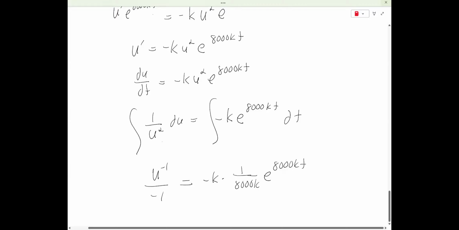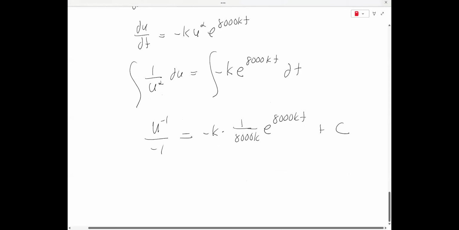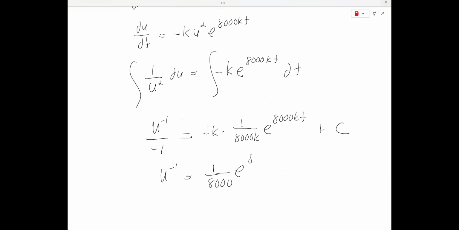Remember, the k is just a constant there, and then I've got plus c on here somewhere, like that. If I divide through by negative 1, and the k's will cancel, I get u to the negative first is equal to that, and the k's cancel here actually. So I would just get 1 over 8,000, positive now, e to the 8,000 kt plus c.